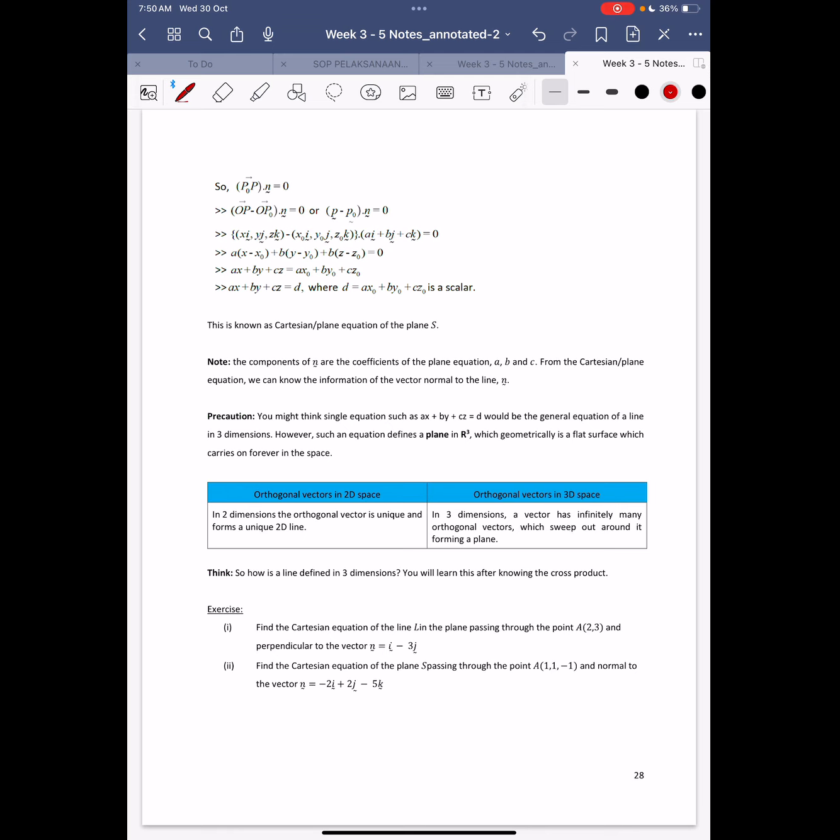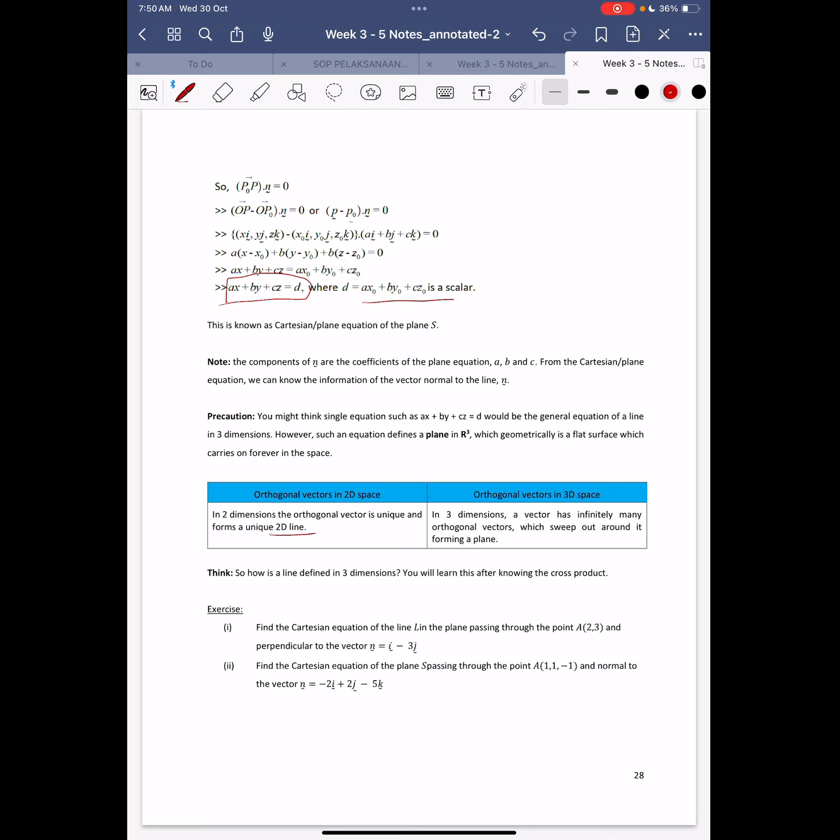Okay, and you can solve the dot product, and when you solve it, you will get the equation given as this, where the d part is actually ax0 plus by0 plus cz0, that is a scalar. In two dimensions, the orthogonal vector in this space gives you the equation of a line.